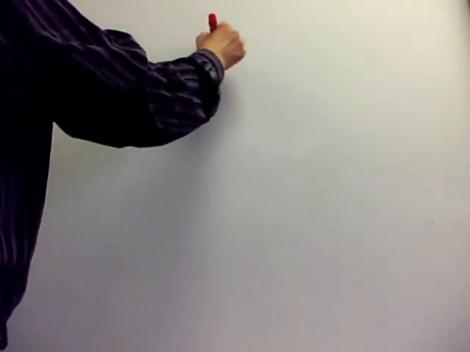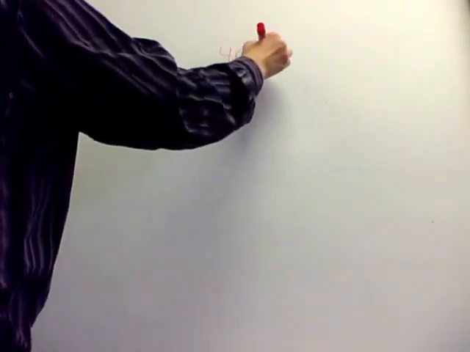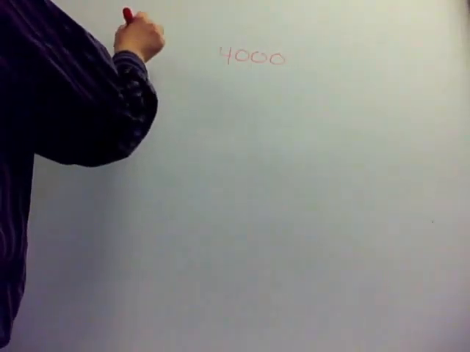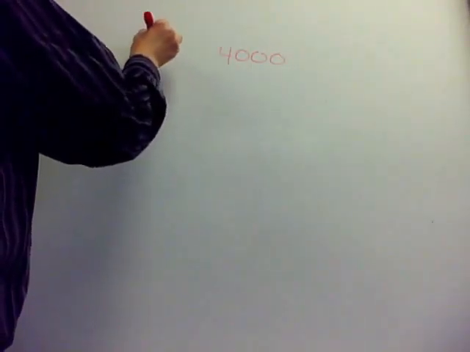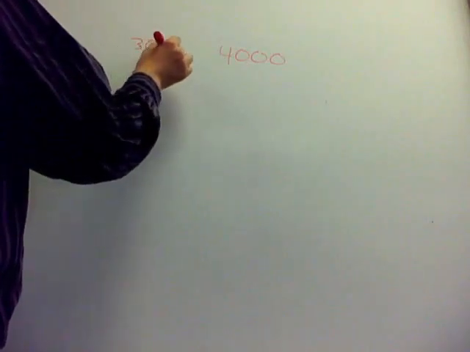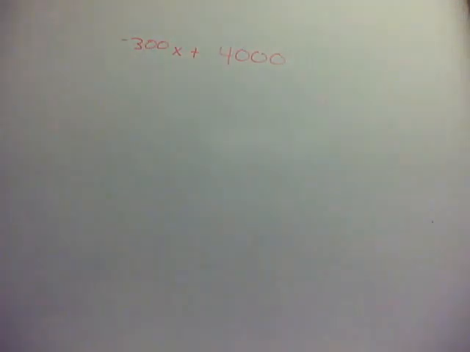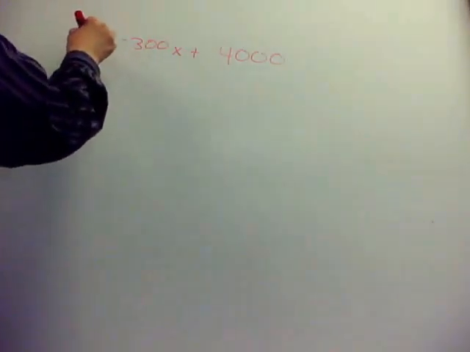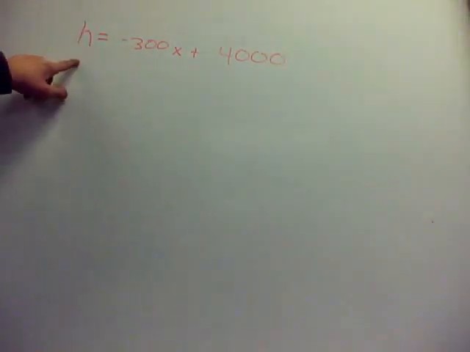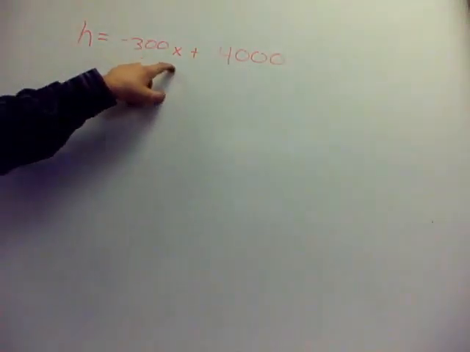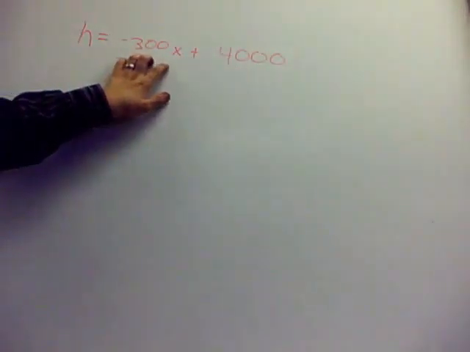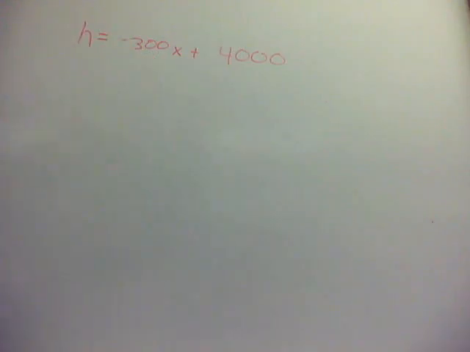So it's 4,000 feet in the air, and its rate is 300, but it's descending, so it's negative 300. The height is equal to 4,000 plus the rate, minus 300, times time. However much time goes by is how high it is after that amount of time.